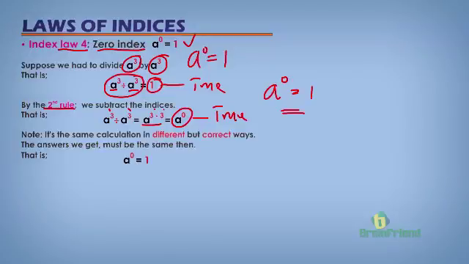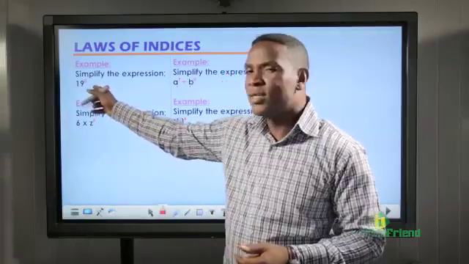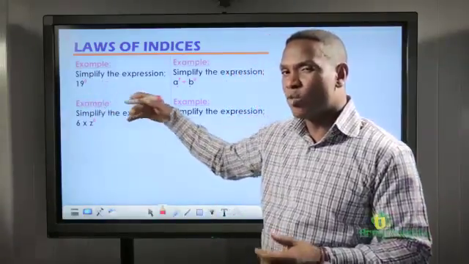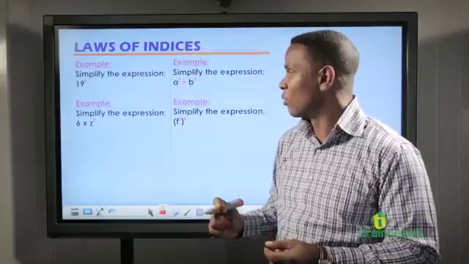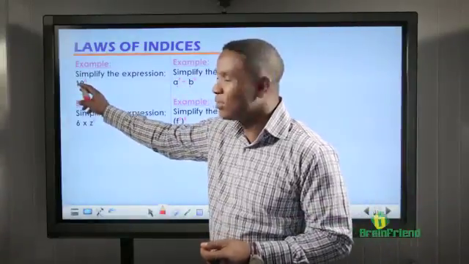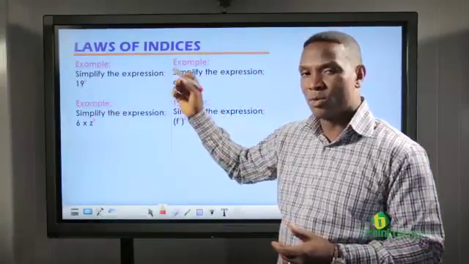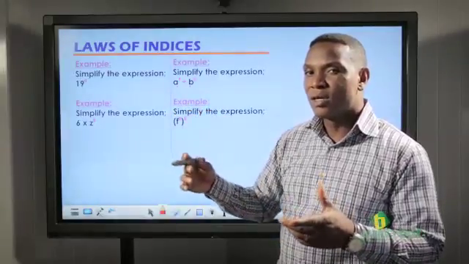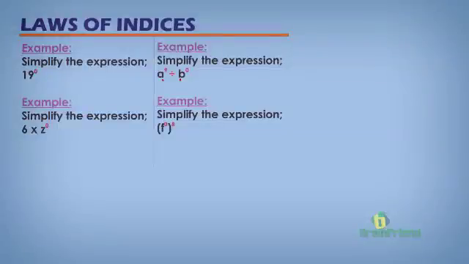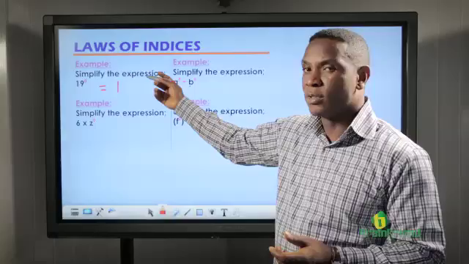Let's take some examples. We'll see how this plays out. Okay, let's take a look at this example so we better understand our zero index law. We said any quantity raised to the power 0, be it a letter or a number, is equal to 1. This is pretty straightforward.